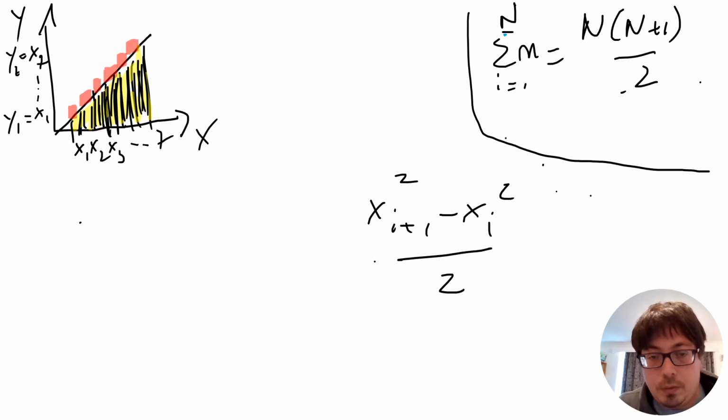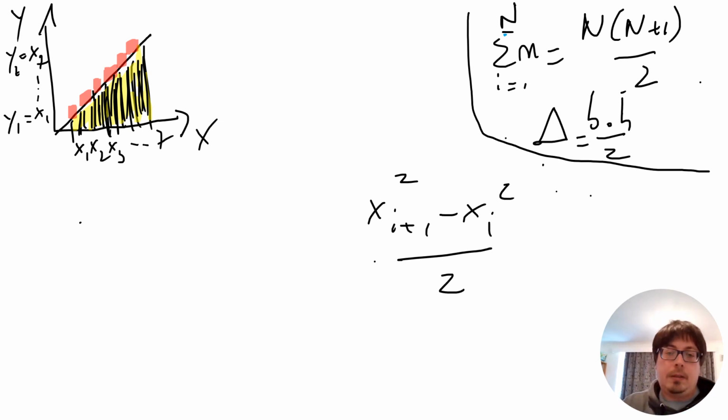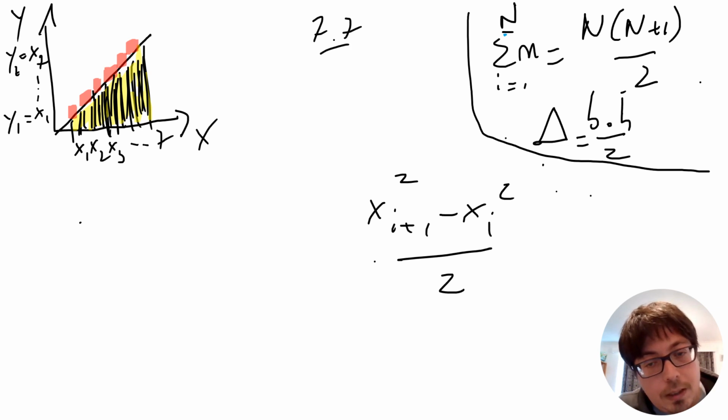Also, we remember the formula of the triangle, which was base times height divided by 2. This is the area of the triangle. And we remember that when we put 7, it was 7 times 7 divided by 2.